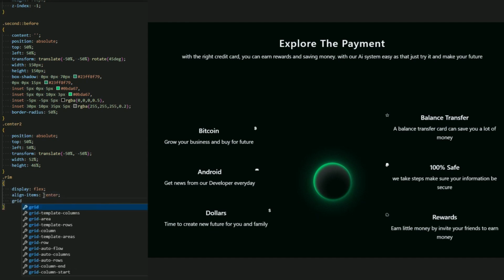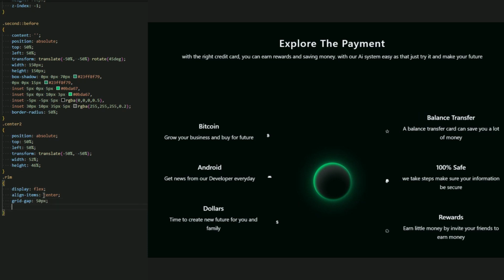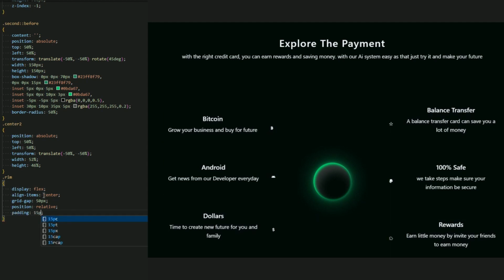Now let me add a little space, grid gap 50 pixel, and let me add a position relative and padding. Let me add a padding of 15 pixel, that is enough, I think. Okay, this is the box of this icon and this text. Here we go. Now let me add an icon and icon 2. And I think we don't need to add a background or a hover for it. This is good, I think.